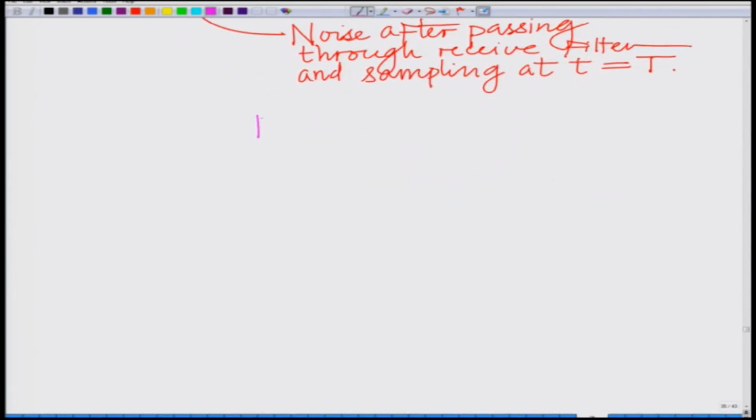Remember the noise power is the expected value of magnitude n square if the noise is a complex quantity. But assuming all real quantities here, once again for simplicity of analysis, I am going to simply write this as n square. Okay.